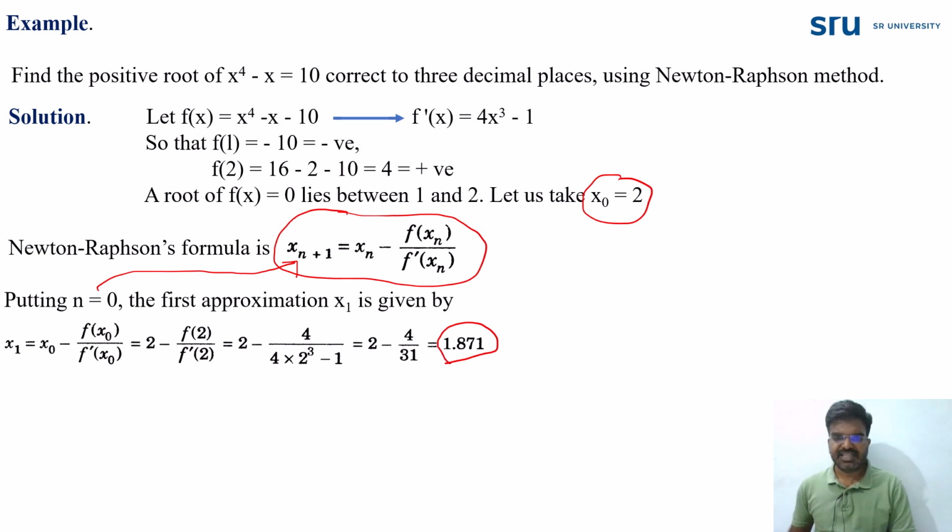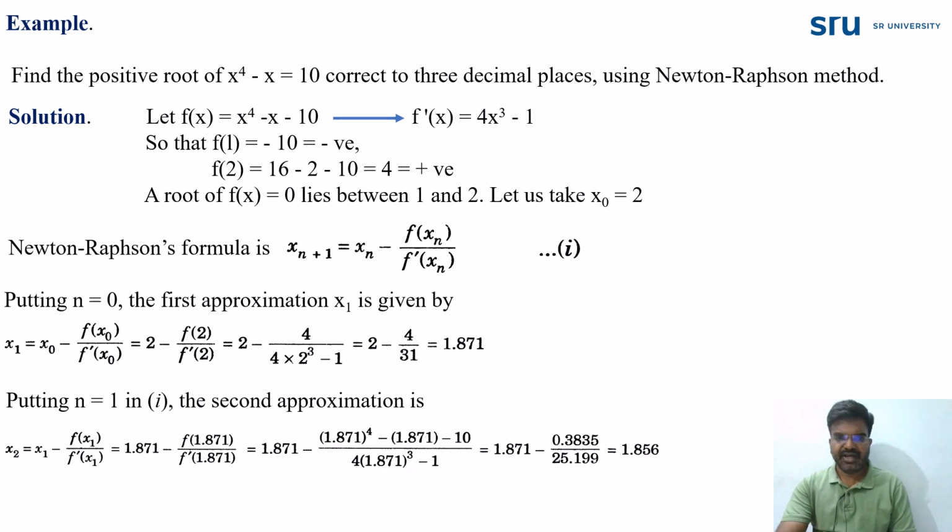Directly by using this x1 value, we can find x2. To get x2 in the Newton-Raphson formula, I have to put n equals to 1. We are substituting here n equals to 1. So x2 equal to x1 minus f of x1 by f dash of x1.